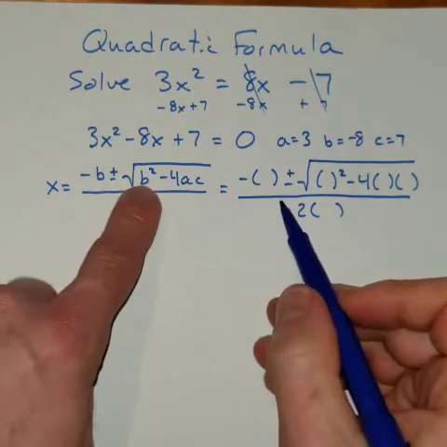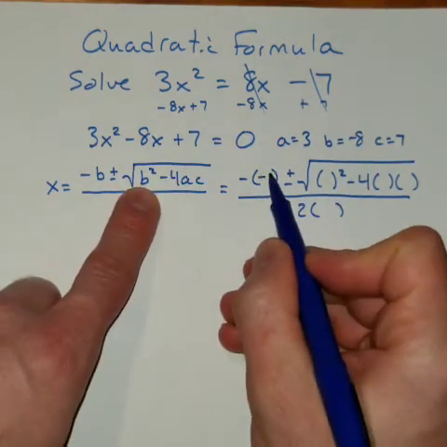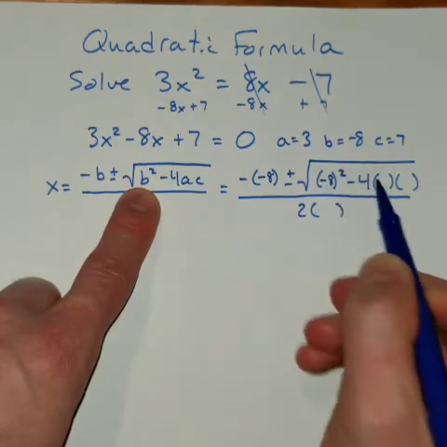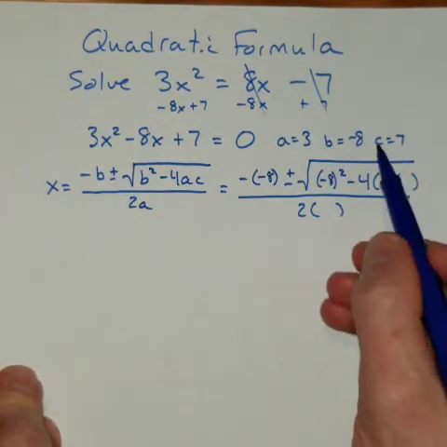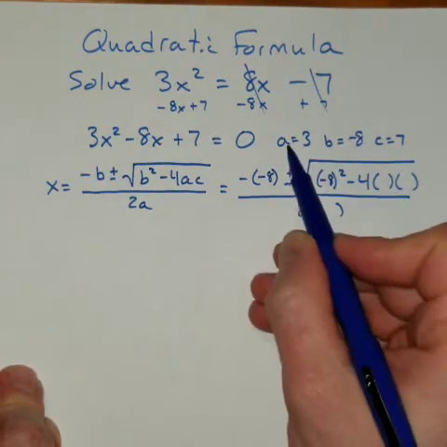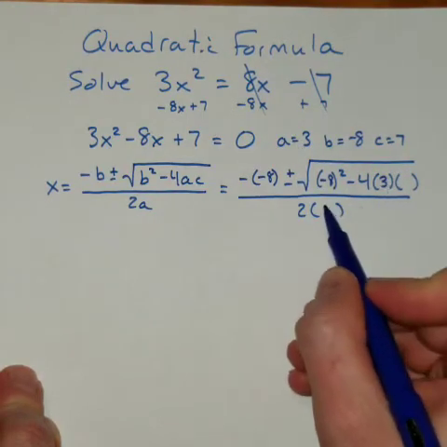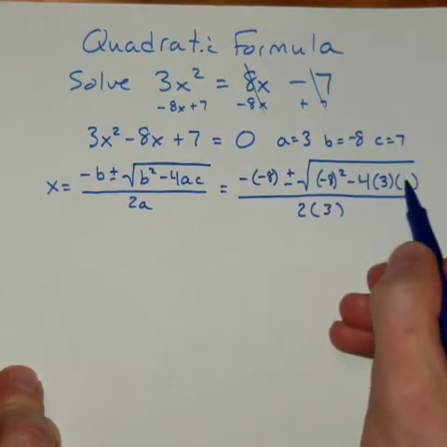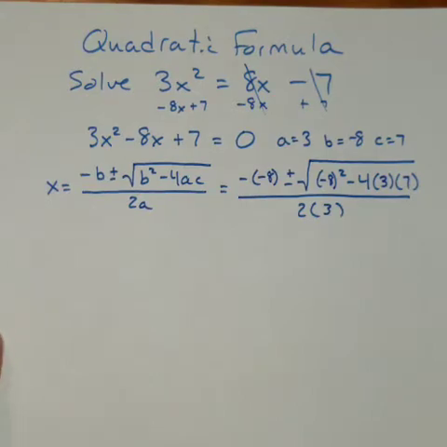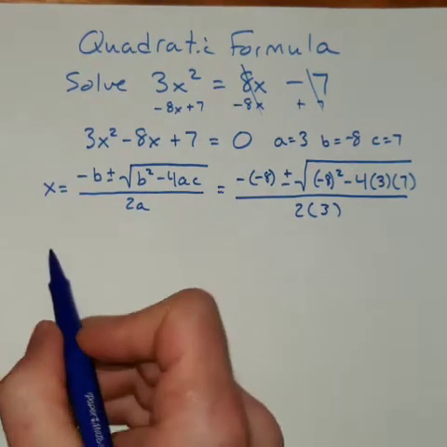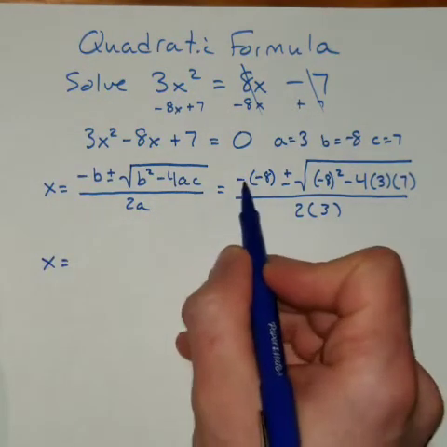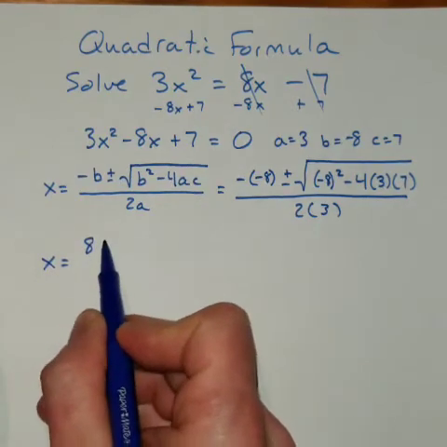Okay, and again, all these parentheses get filled in. So the b's become negative 8. The a's, that's these two spots, become the 3. And then the c becomes the 7. And so then we simplify, right? So x is double negative on the 8, so that's 8.